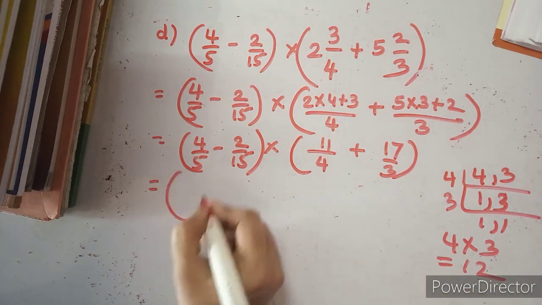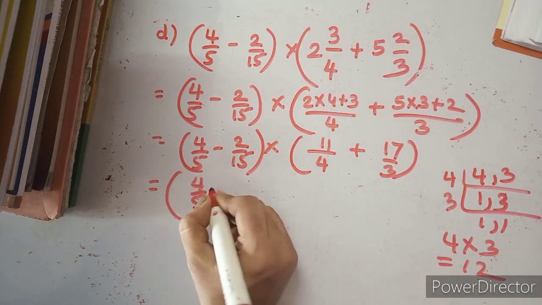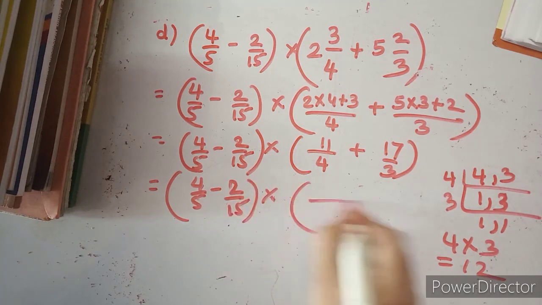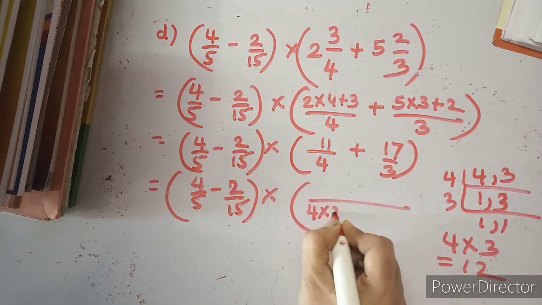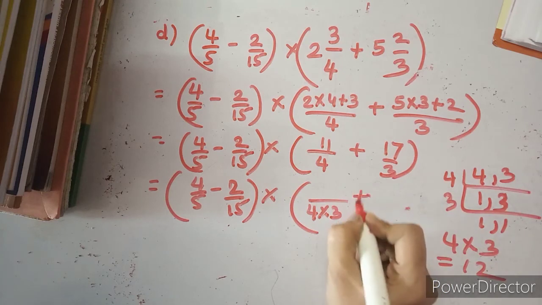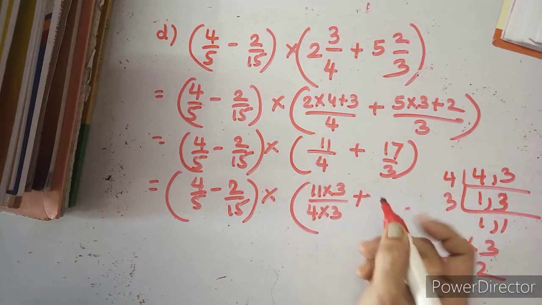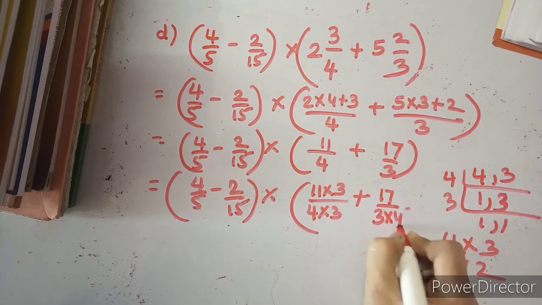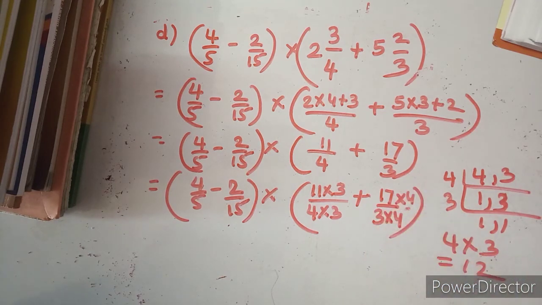So let us just solve the LCM. So you have 4 multiplied by 3, and the numerator also should be multiplied by 3, and you have here 4. Okay, so this will give you 12.